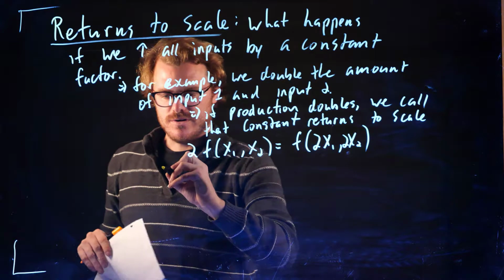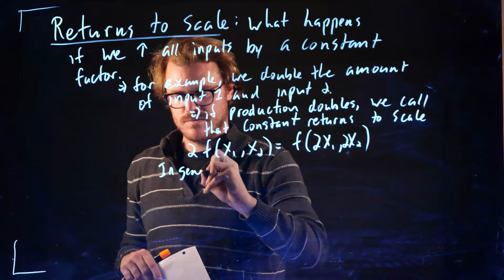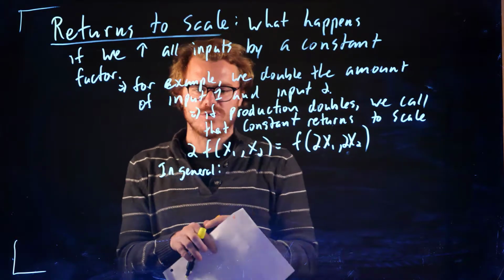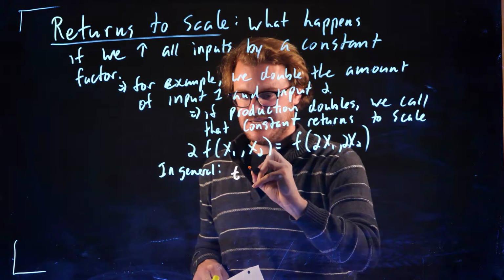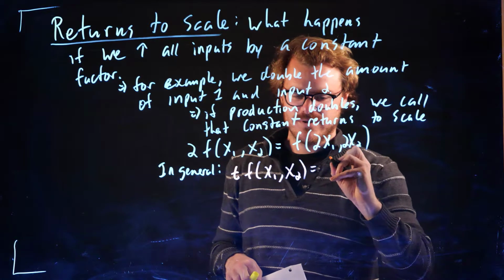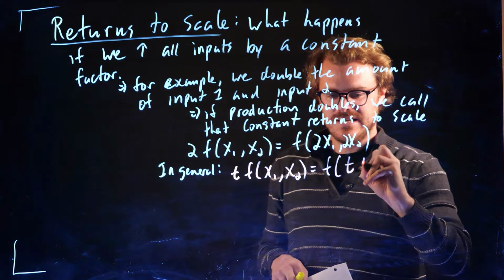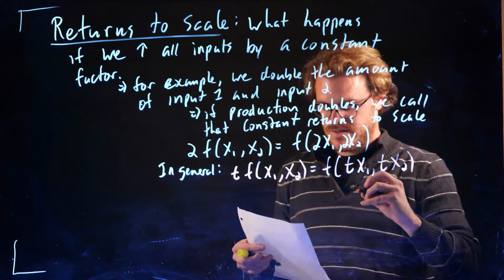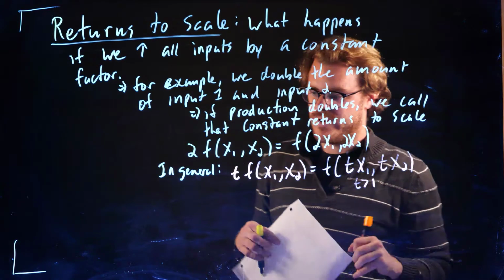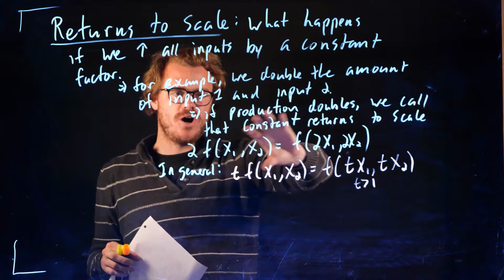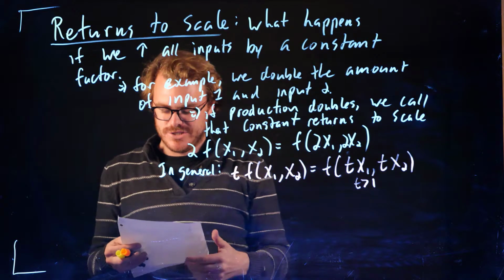In general, instead of just necessarily doing 2, you can make it more general in that t times f of x1, x2 equals f of t x1 and t x2, where t is greater than 1 here. So that'd be like constant returns to scale to add this relationship.